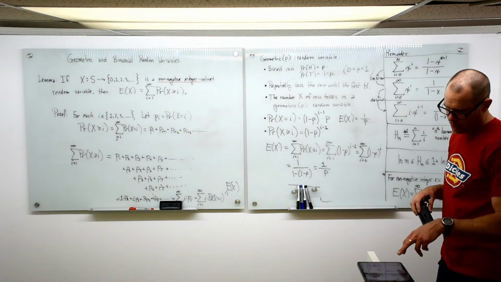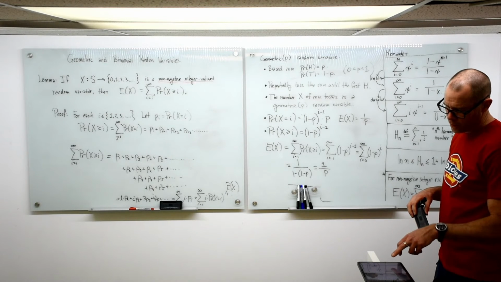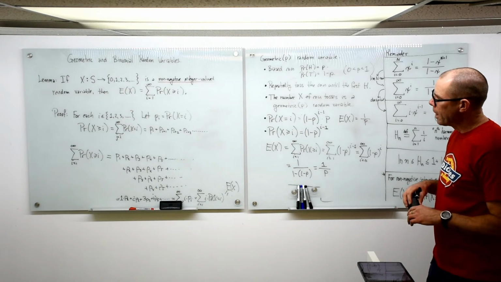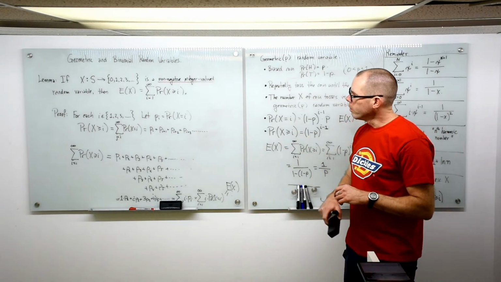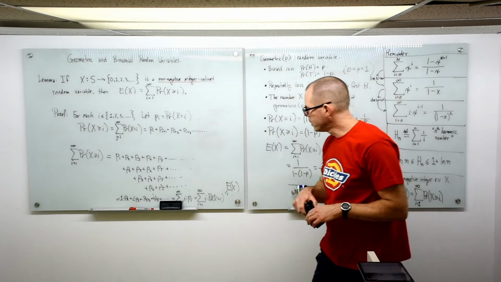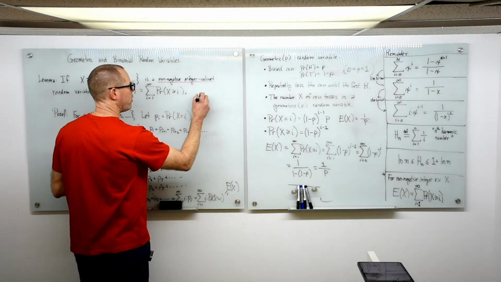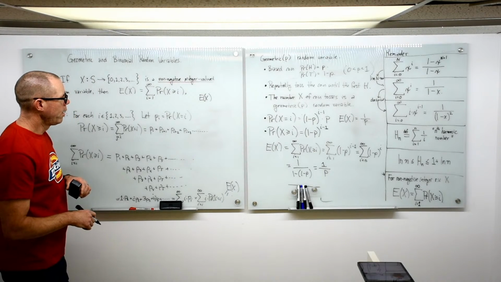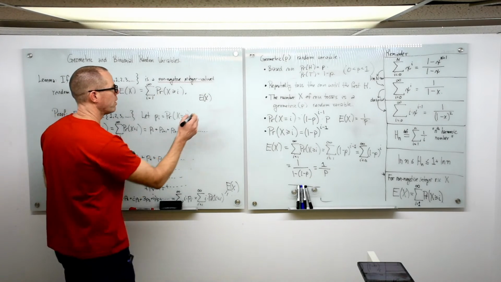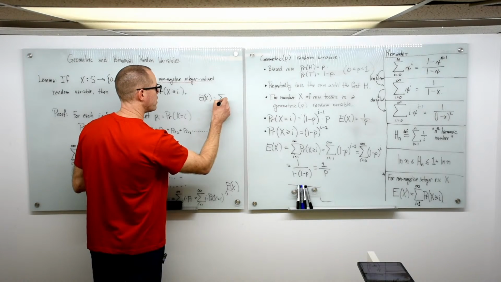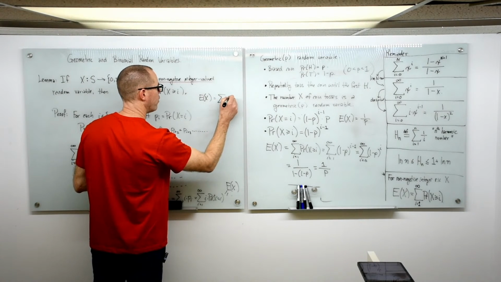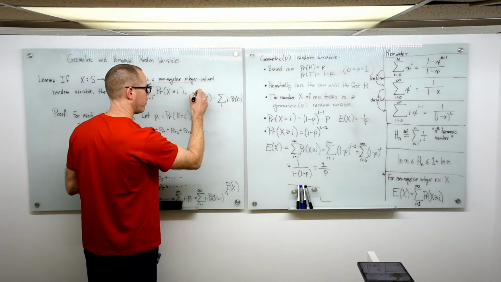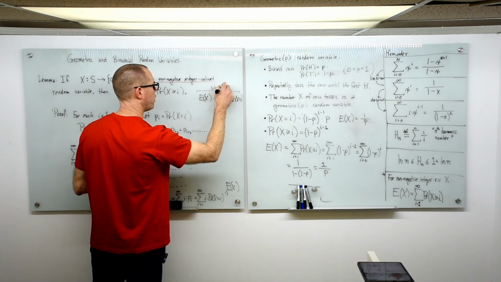Okay, so pause. Someone asks, why don't we need to multiply by p for the probability that x is bigger than or equal to I? Well, that's what comes from here, right? The definition of expected value that we've seen, one of the two that we've seen, says that the expected value of x is the sum over I of I times the probability that x equals I. So this is the usual version.